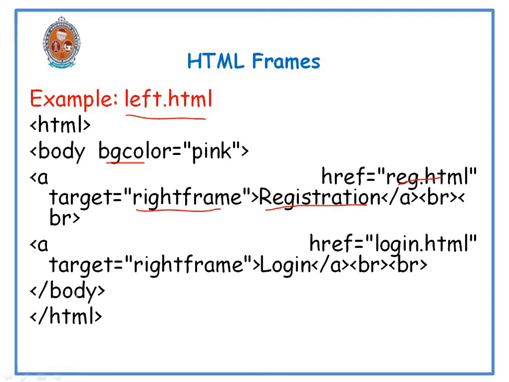After that we have created another anchor tag where href equals login.html, and the linked text is login. Here also we have specified the target name equals right frame. That means when we click on the linked text login, the linked document is opened on the right frame, that is the second column frame.